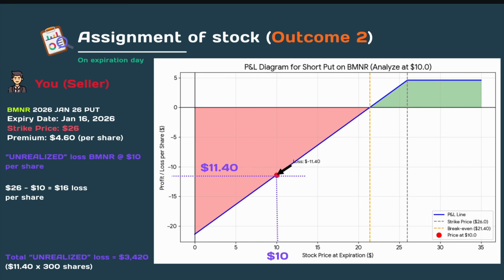However, in order for us to enter this position, the buyer had to pay us a $4.60 premium, which we'll call a buffer, that neutralizes part of that $16 loss. If you take 16 minus 4.60, that gives you the $11.40 loss per share, and that's exactly the same number as what the P&L diagram is telling us. Remember that this is an unrealized loss at this point in time.